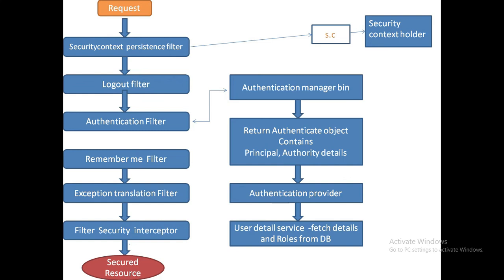You may have specified the roles in the database as well. So once we get these roles, it will populate this authentication object, which contains the principal, that is the logged in user detail, and all its authorities, whatever roles you have specified. Hope so guys, you are clear.